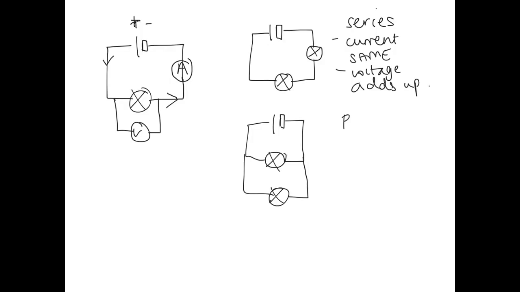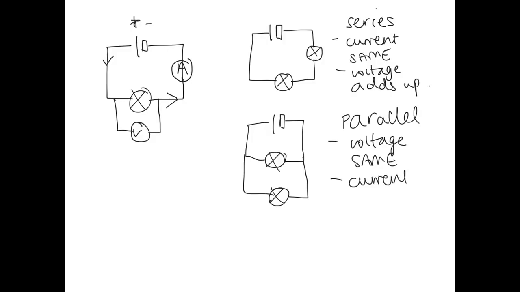Whereas in a parallel circuit, why am I trying to delete this in the middle of discussing it? It's so annoying. You find that the voltage is the same everywhere, and the current adds up. And if this isn't making a huge amount of sense, I'll show you some examples soon when I get on to the mathematical part of electricity. But that's just worth bearing in mind.